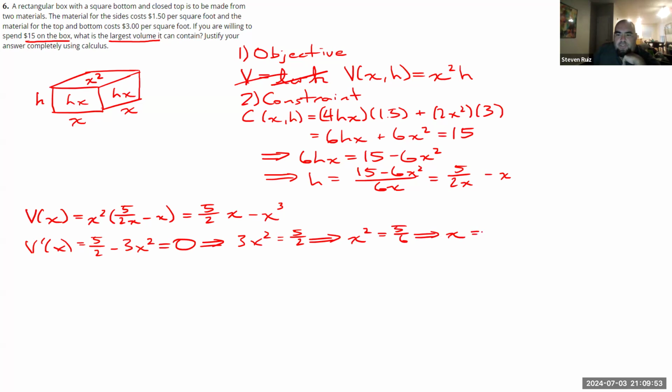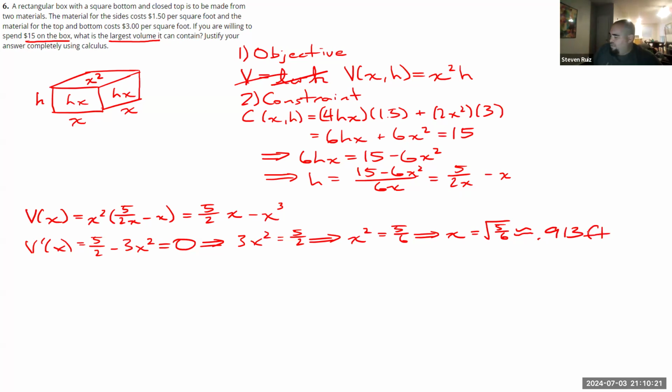So x equals the square root of 5/6. Let's get an approximation for that number. So I'm getting a dimension for x of about 0.913, we'll say feet.